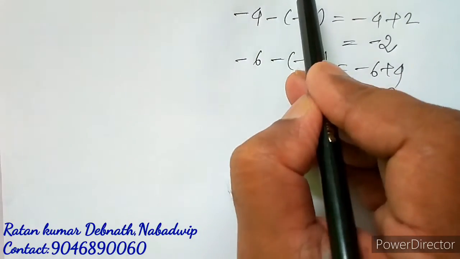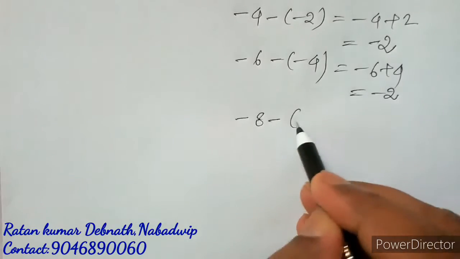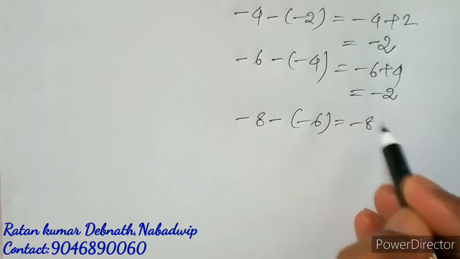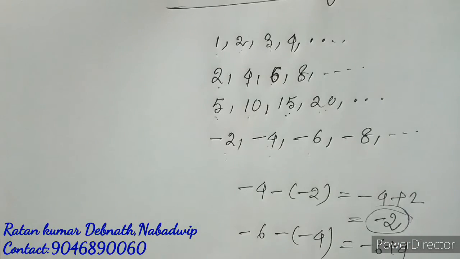Subtract the third term from the fourth one, -8 minus of -6, -8 plus 6 equals -2. All the examples given here are AP series.